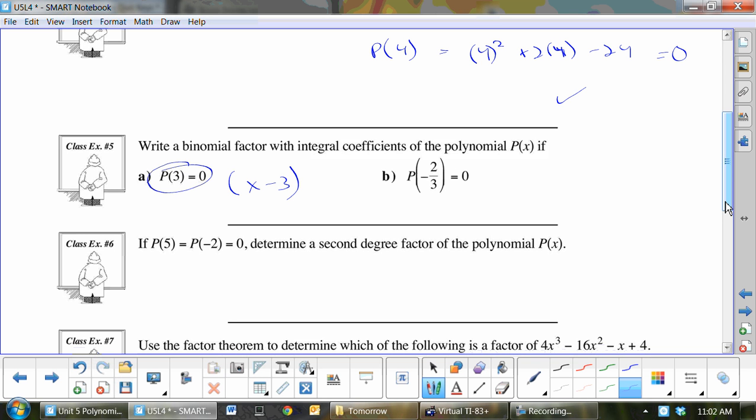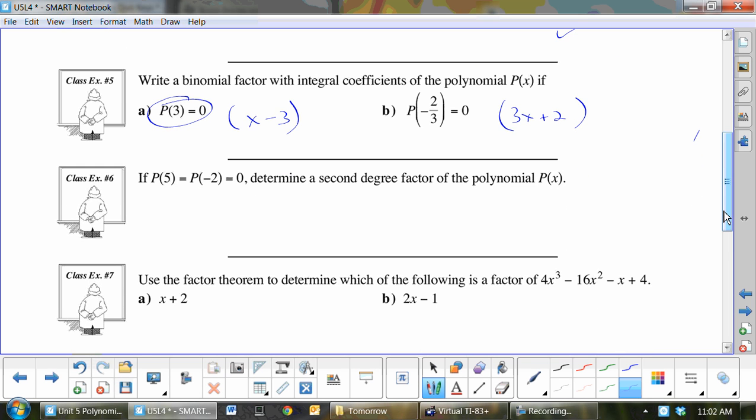Now, b, what would be the binomial? X plus 3 over 2? No, it won't be a fraction. 3x plus 2. That makes sense?